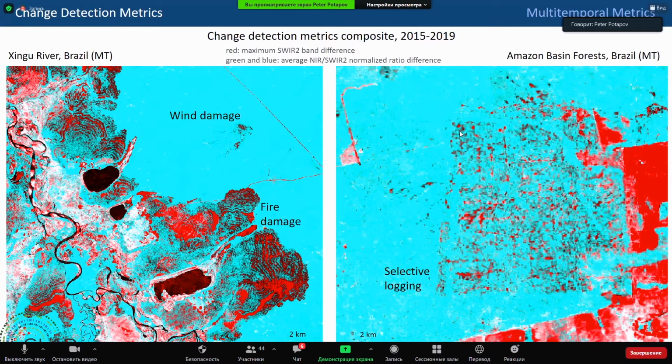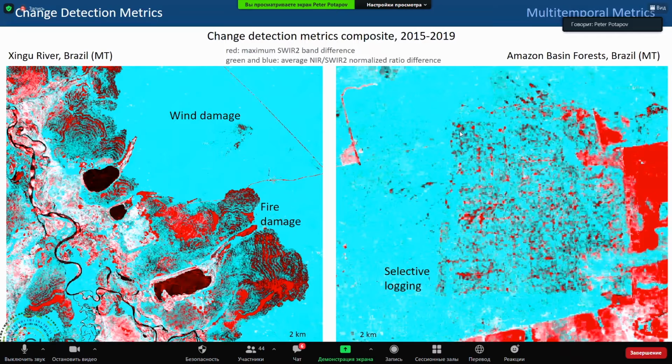We can also efficiently find areas where forest was felled and where forest was partially damaged as a result of windstorms or fires, under the canopy fires. We can see here circles that are very typical. They are like the circles on water that show the daily cycle of a fire.